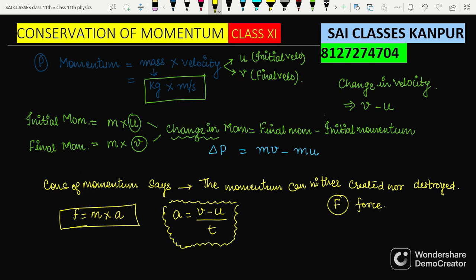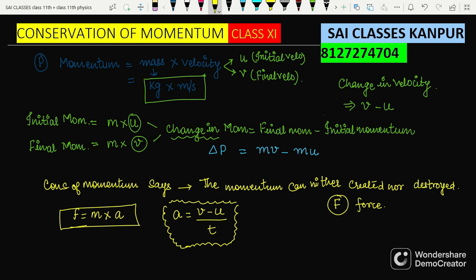If you are moving with a velocity of 20 kilometer per hour, and your final velocity becomes 60 kilometer per hour, that means change in your velocity would be 60 minus 20, which is 40 kilometer per hour. And if suppose you've taken 1 hour to change your velocity from 20 to 60, then putting t equals 1 hour, and delta v would be 60 minus 20, which is 40.